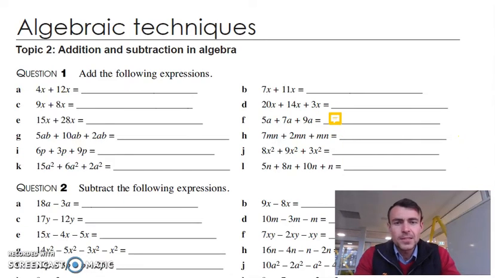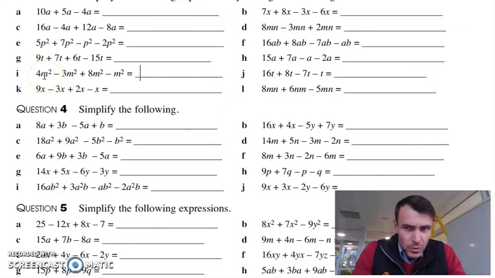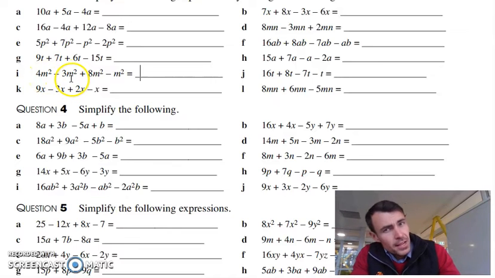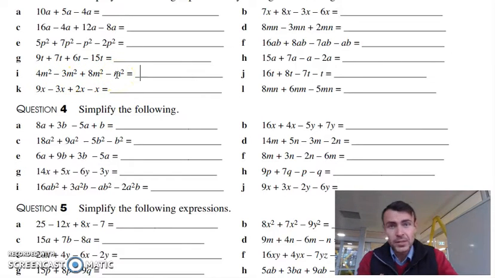Now, if I had a harder one, like some subtractions, I like the look of this one with some m squareds. Even though they're squared, I still treat them the same way. It's like saying 4 m squareds, take 3 m squareds, plus 8 m squareds, take 1 m squared.